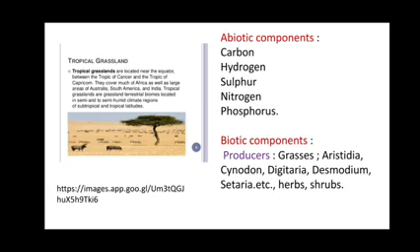The abiotic component includes carbon, hydrogen, sulphur, nitrogen and phosphorus. The biotic component includes different types of grasses, such as Astridia, Cynodon, Digitaria, Desmodium, Citharia, herbs and shrubs. These are the producers. As we know, producers are photosynthetic; they synthesize their own food. They include different types of grasses and trees.